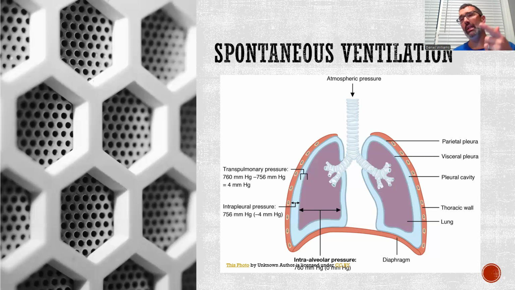Remember, inhalation is an active process, while exhalation for a normal healthy individual should be passive, due to the elastic recoil forces within the lung itself. Surfactant plays a role too, but we don't want to talk too much about that at the moment.